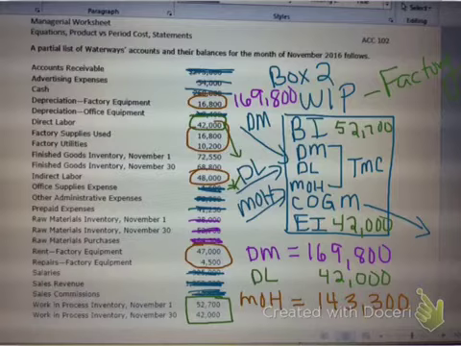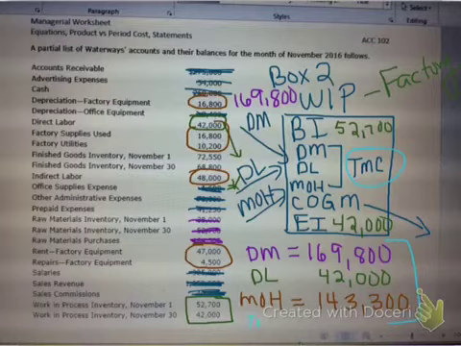And looking at these equations, you notice here that what I have is this total manufacturing cost. And total manufacturing cost is going to be direct materials plus the direct labor plus the manufacturing overhead. So if I add all three of those items together, what I am going to get is the total manufacturing cost.